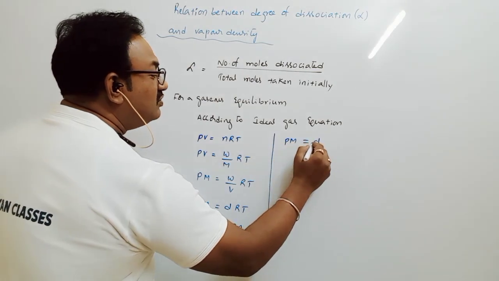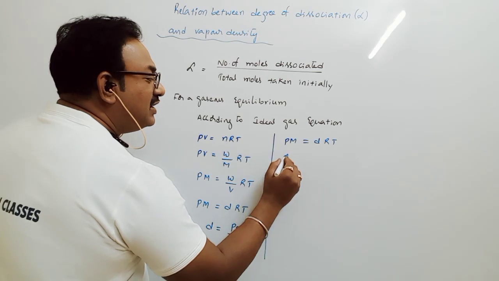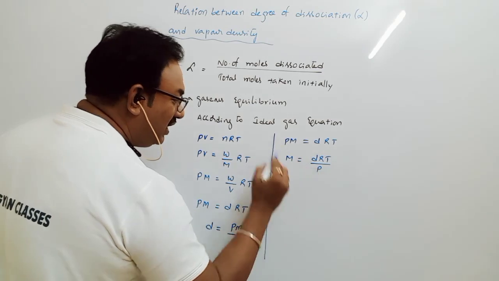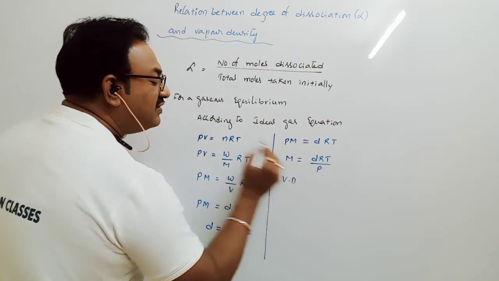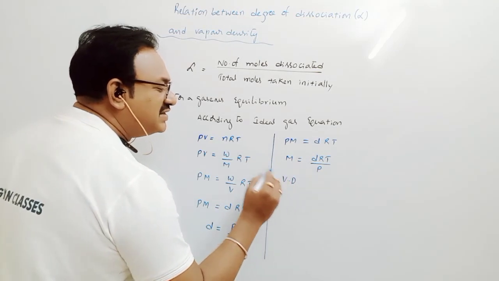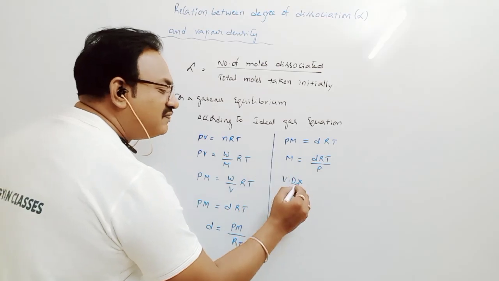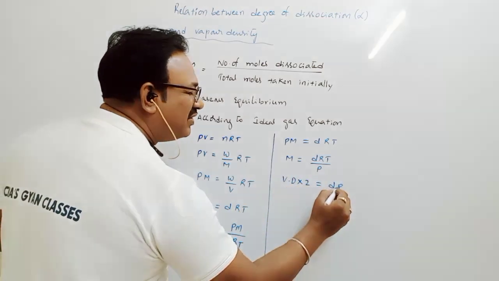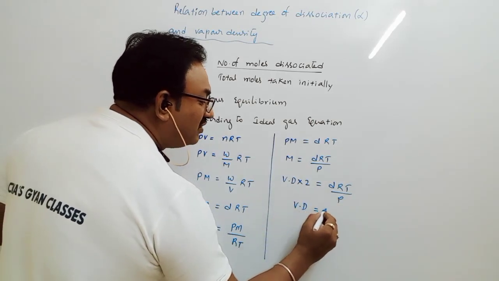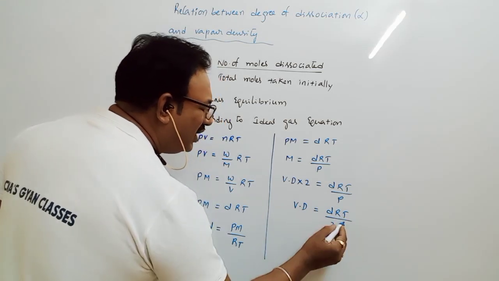PM is equal to dRT and M is equal to dRT by P. So instead of molecular weight, you can write it as vapor density. So molecular weight means vapor density into 2 is equal to dRT by P. Then vapor density is equal to dRT by 2P.